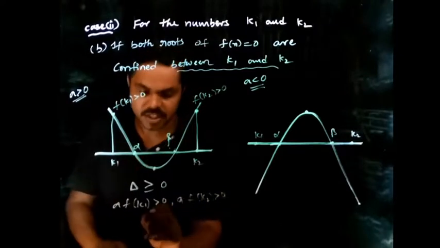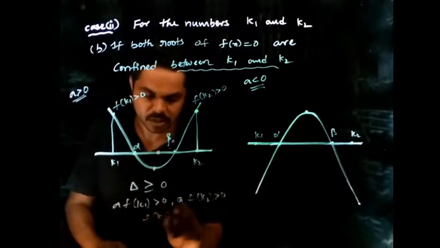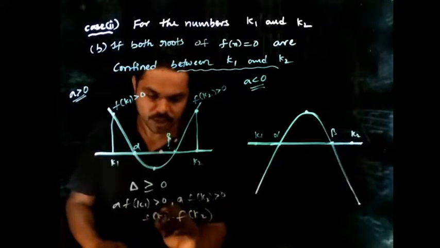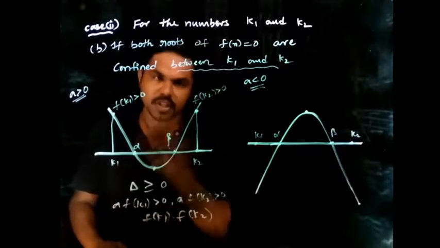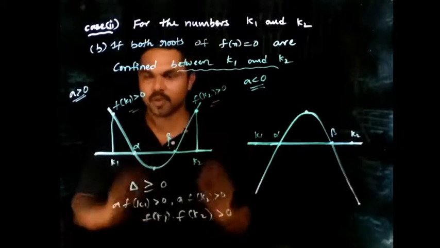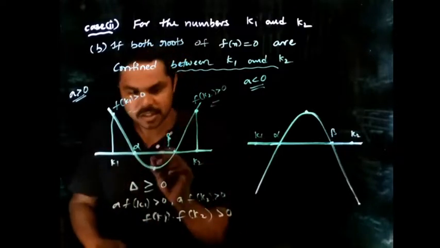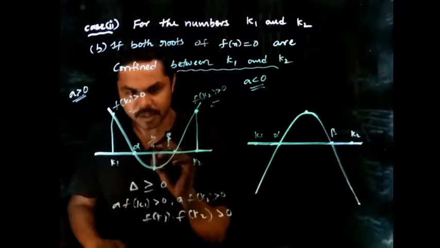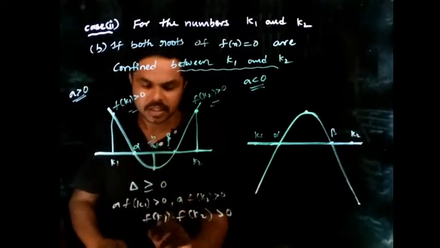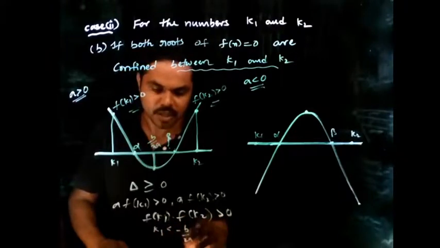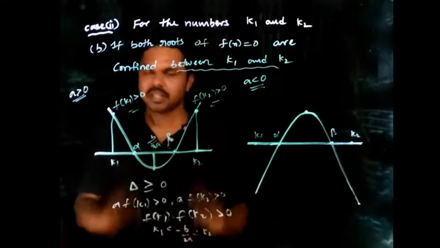The third condition is f of k1 into f of k2 is also positive, because positive into positive, positive. And moreover, this is the vertex of the parabola, so this value will be minus b by 2a. So it's very clear k1 is less than minus b by 2a less than k2. So these are the properties.